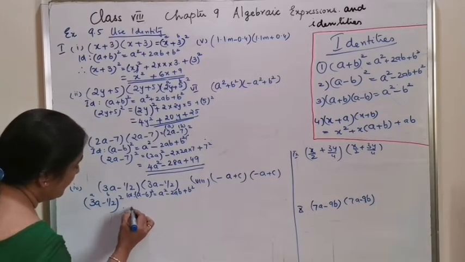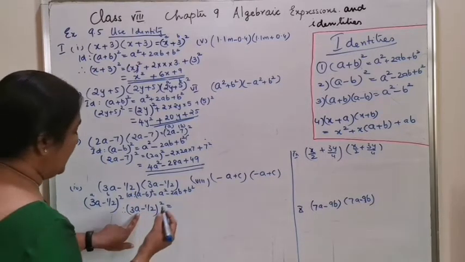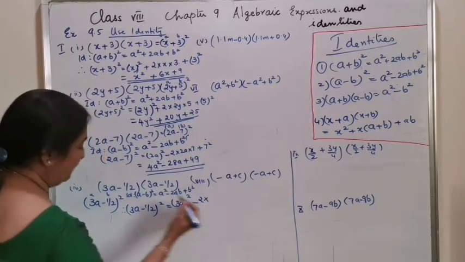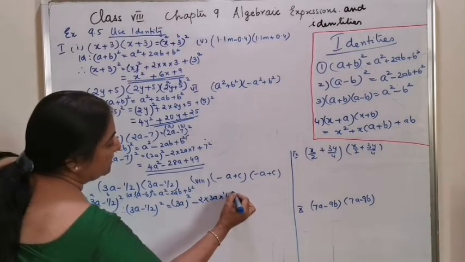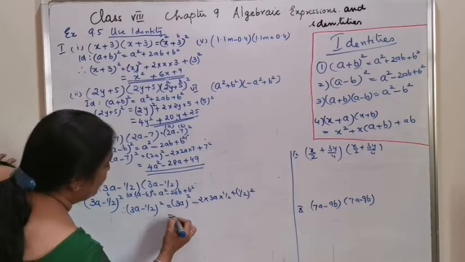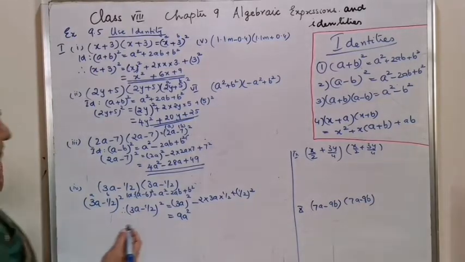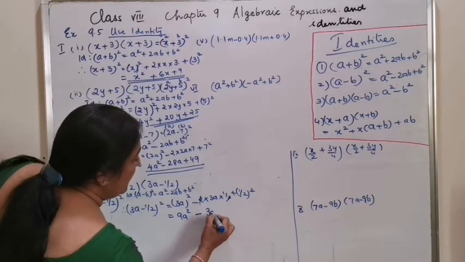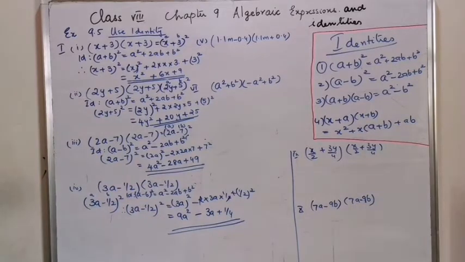Therefore, (3a minus half) the whole square can be written as (3a) the whole square minus 2 into 3a into half plus (1 by 2) the whole square, which is the same as (3a) the whole square means 9a square. Now this 2 and this 2 can be cancelled. Minus 3a plus 1 by 4. (1 by 2) the whole square is 1 by 4.